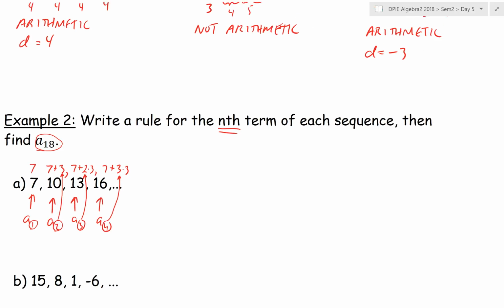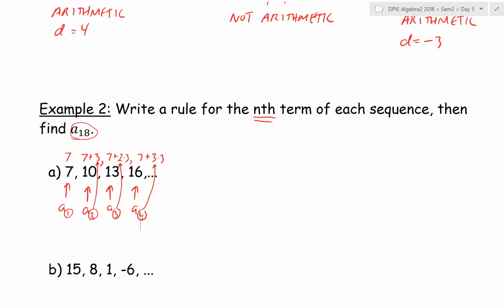And so we see that the number of 3's that we're adding on is 1 less than the subscript. This 3 is 1 less than 4. This 2 is 1 less than 3. There's one 3 here, that's 1 less than 2, and so on. And so in general, to get to the nth term, which we would call a sub n, we would do 7 plus n minus 1 times the common difference, which in this case is 3.